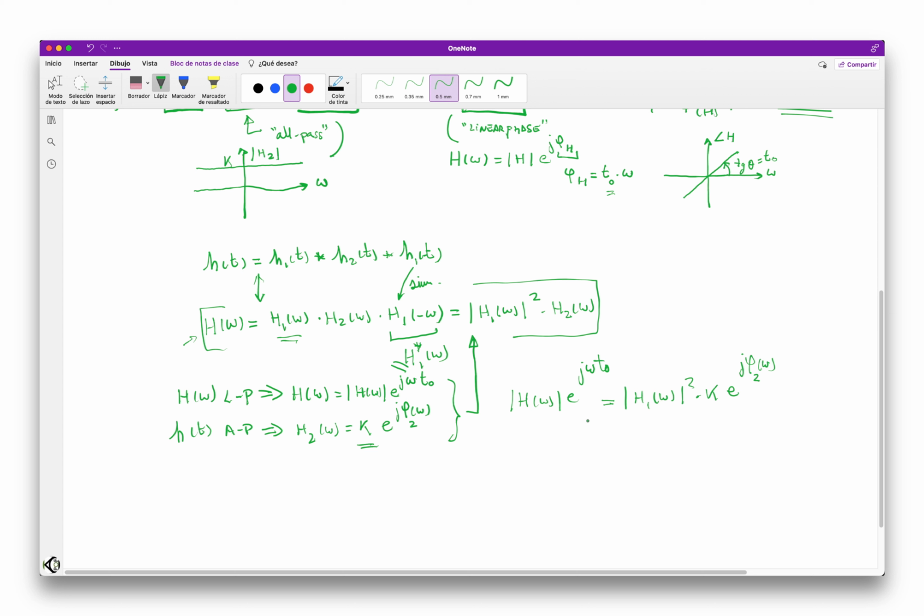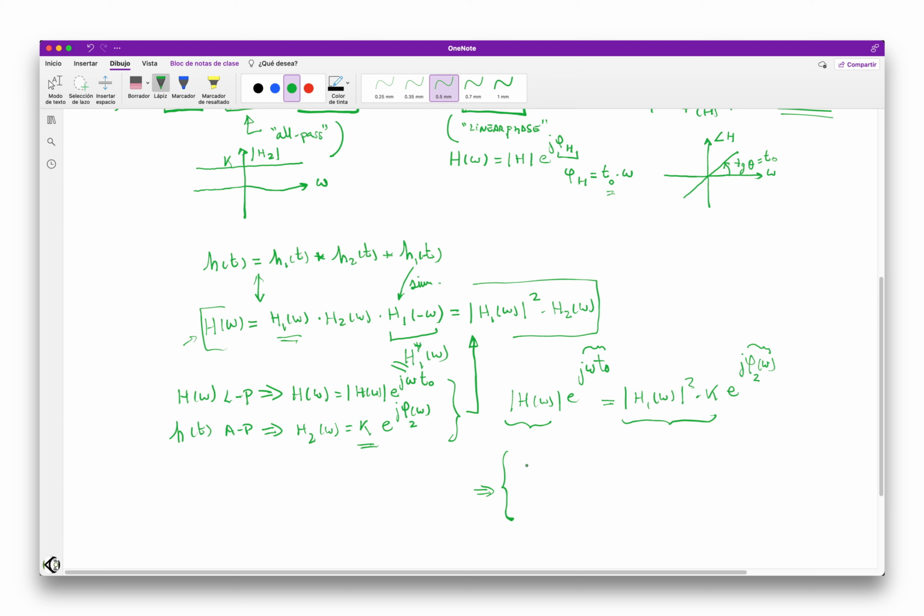Okay, so if we equate the modulus of both complex functions on each side of the equality, and we equate the phases on both sides, we will get these two conditions.